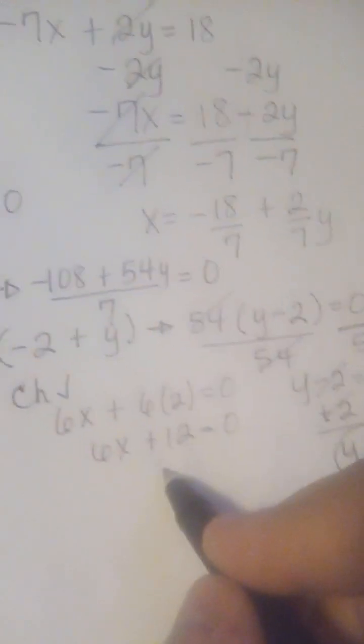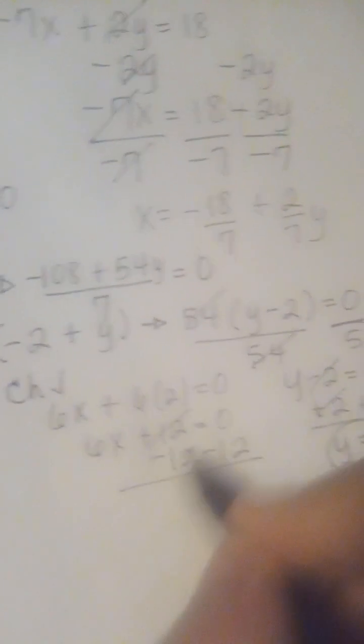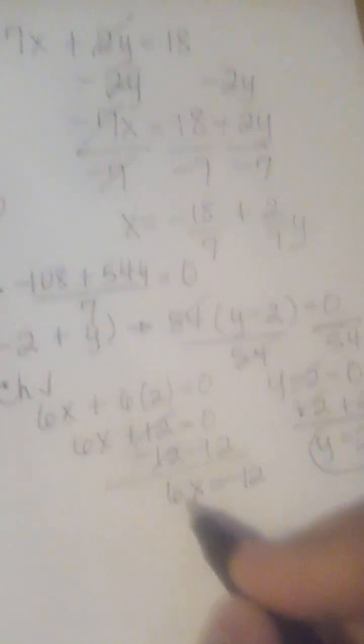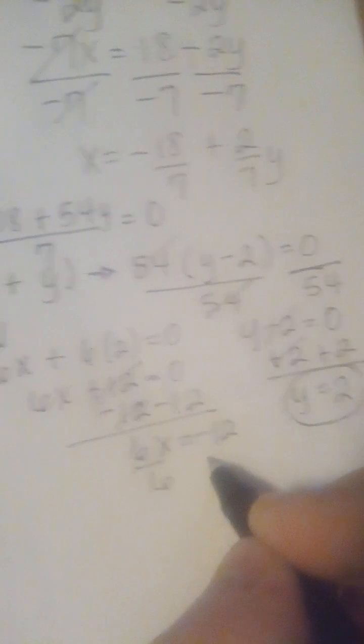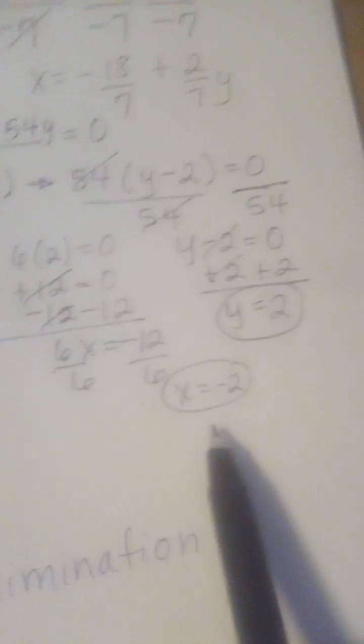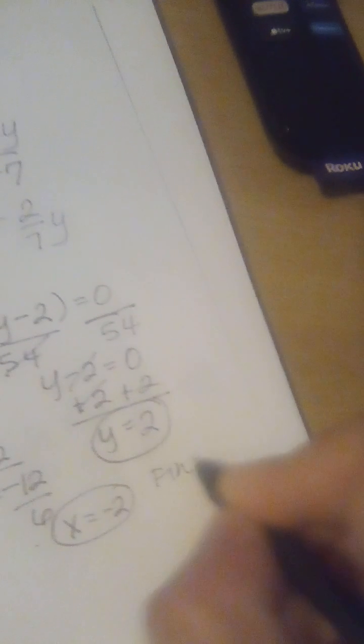And then subtract 12 from both sides of the equation. 6x equals negative 12. And of course, we divide both sides by 6. And then we got x equals negative 2. Our final answer will be negative 2 for x and positive 2 for y. Final solution.